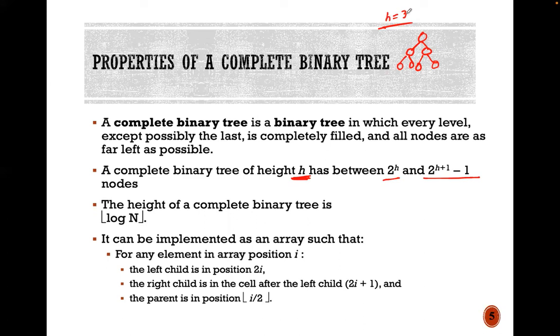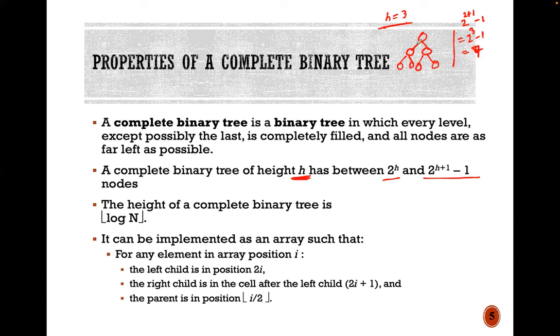With height 2, how many nodes can we have? We can see 1, 2, 3, 4, 5, 6, 7, which is exactly 2 to the power 2 plus 1 minus 1, so 2 to the power 3 minus 1, which is 7. So with height 2, we can have at most 7 nodes.